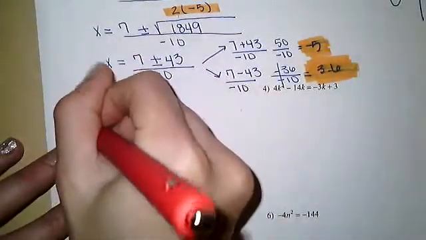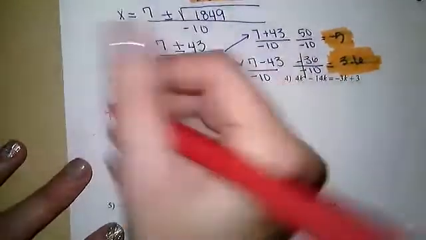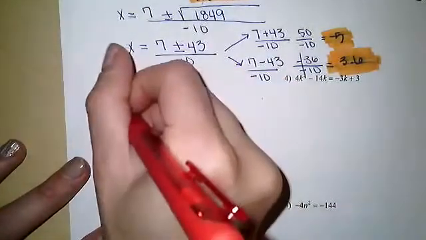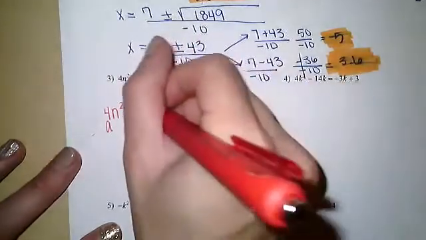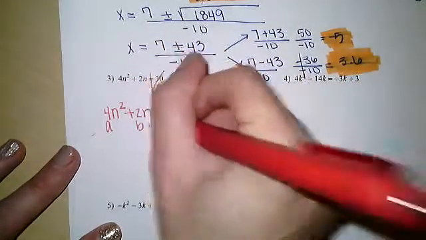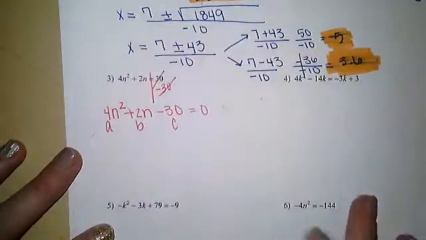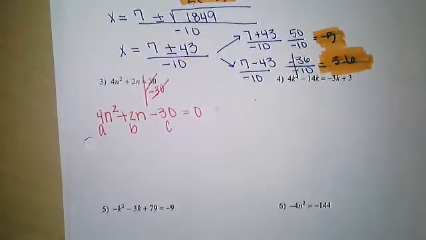So the 4 still goes first because it has a squared, so that's your A. Your 2n goes in the middle, that's your B, and your negative 30 goes at the end. That's your C.